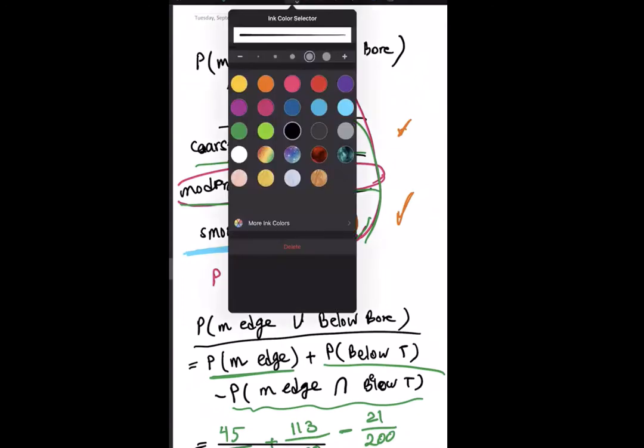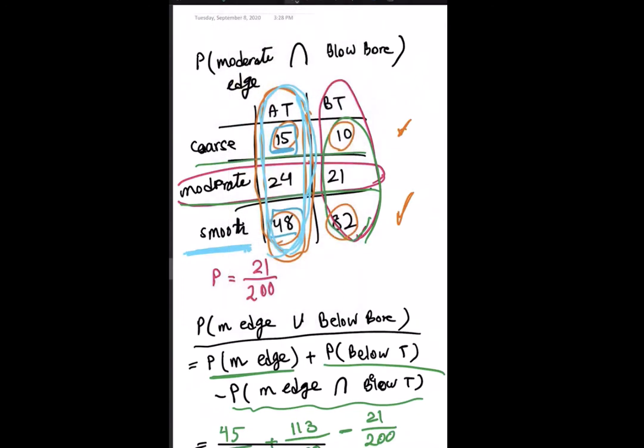Below target bore if we know that the part does not have a moderate age. So if the part does not have a moderate age, where are we? No moderate age. First and third row. What is the chance that the part has below target bore if we know we do not have a moderate age? 92.